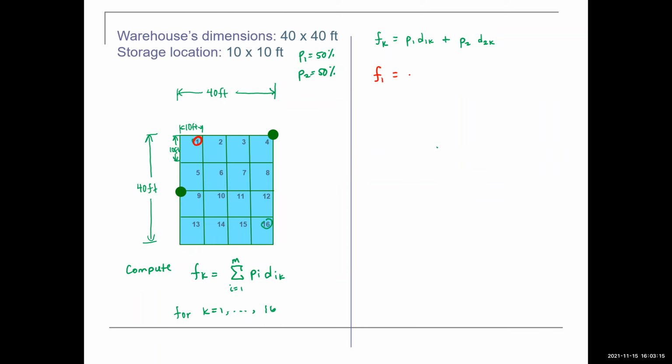We know there's a 0.5 probability. And now we have to find the distance from 1 to 1. So I'm going to name this one 1 and 2. So this is going to be k equals 1 and this is k equals 2.